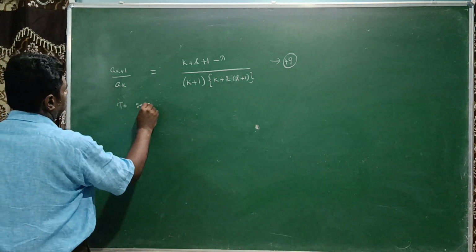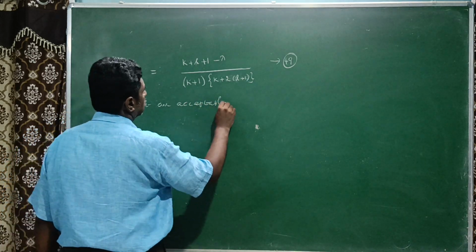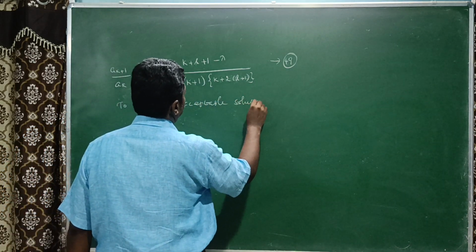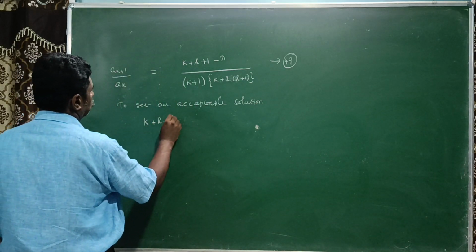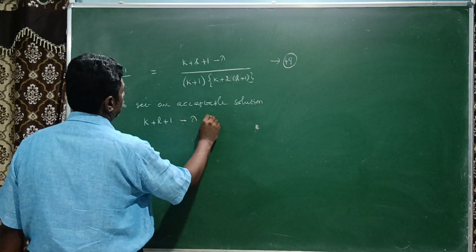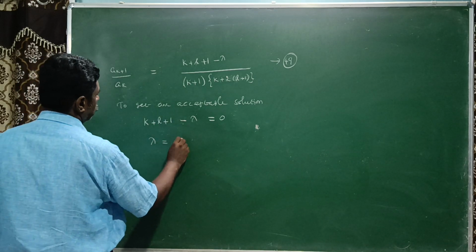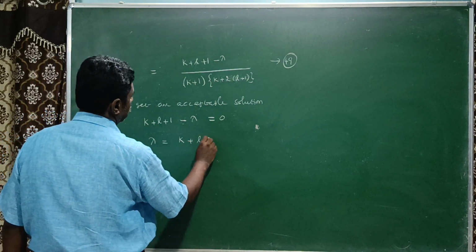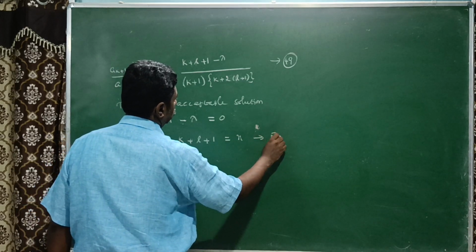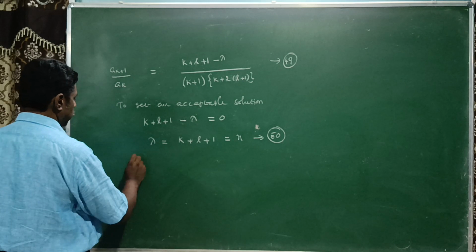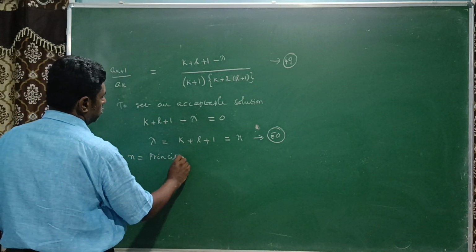To get an acceptable solution, k plus L plus 1 minus lambda should equal 0. Therefore, lambda equal to k plus L plus 1, which is equal to n. So this is equation 50 here. n is the principal quantum number.